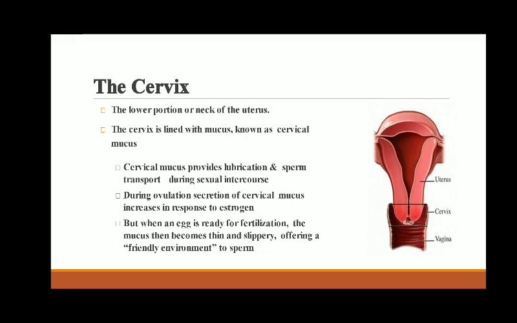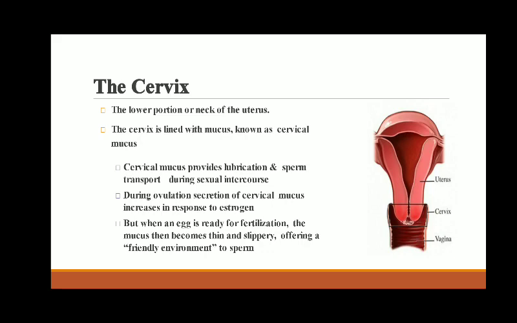It is the lower portion or neck of the uterus. The cervix is lined with mucus known as cervical mucus. Cervical mucus provides lubrication and sperm transport during sexual intercourse.